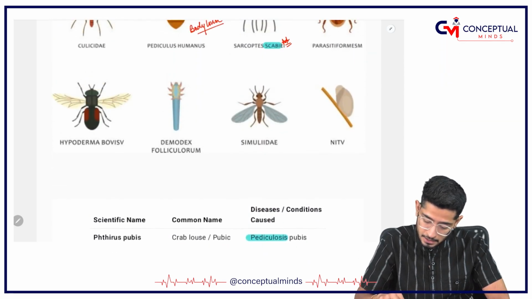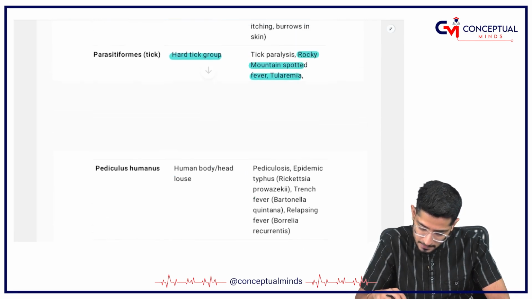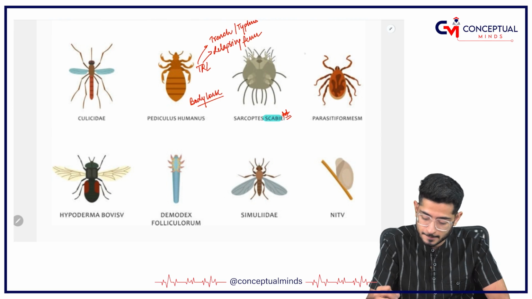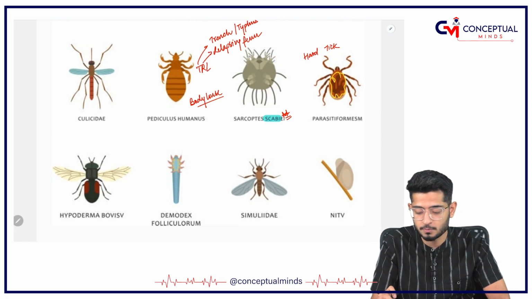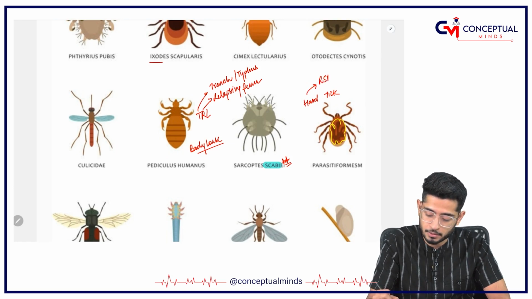So see here, this is a hard tick. Especially if you see these patterns, this brown and orange pattern, this is hard tick responsible for causing Rocky Mountain spotted fever and even tularemia as well.